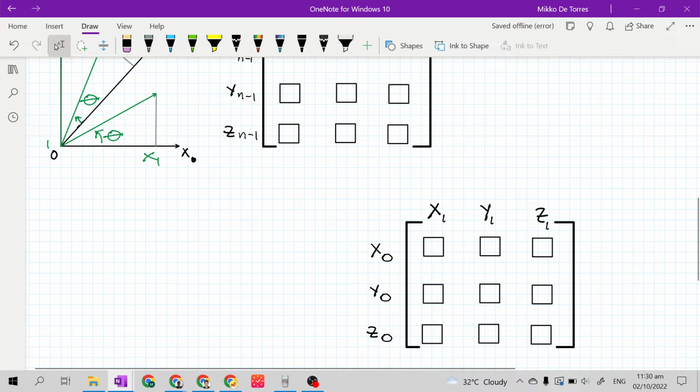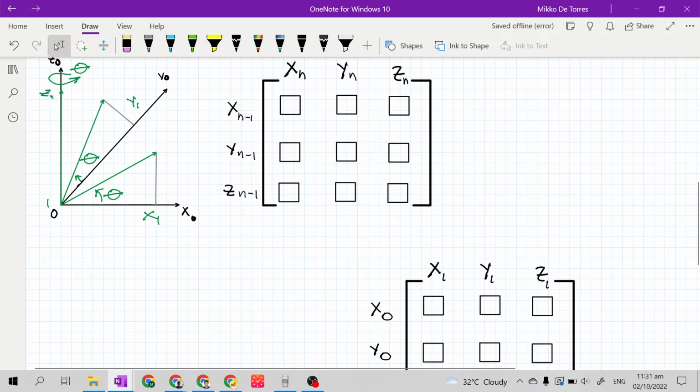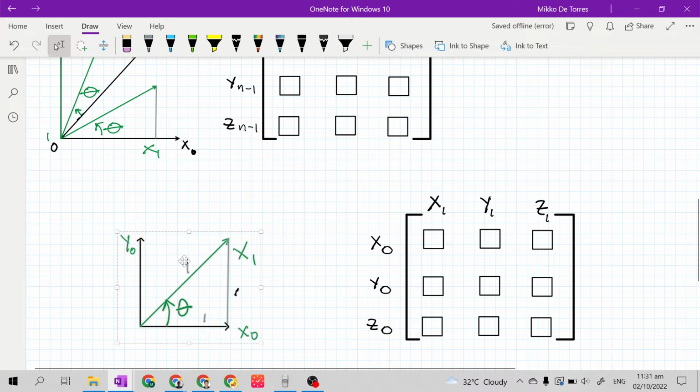Okay. So I will redraw this side of our frame, where the axis of y0, x0, and the axis of x sub 1 create a right triangle.